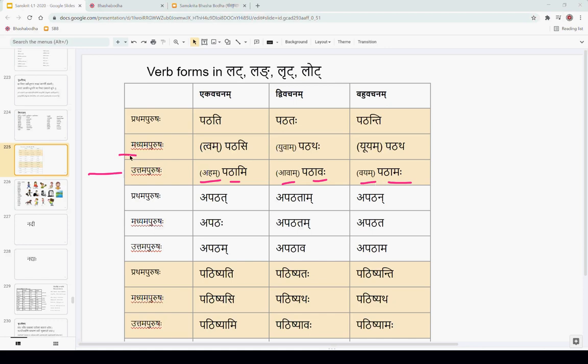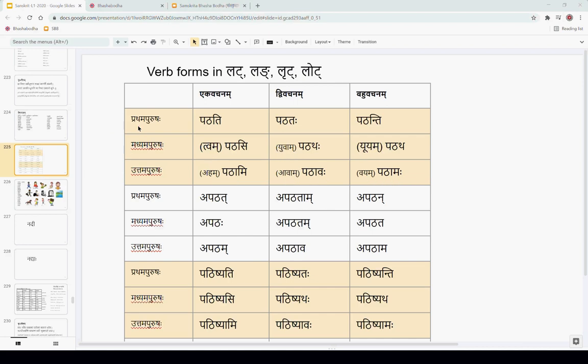In Madhyama Purusha, the word for the doer of the action should be tvam, yuvam or yuyam. And if any other word is used to represent the doer of the action, then we must use the Prathama Purusha form, the forms in the first row, like patati, patatah, patanti.